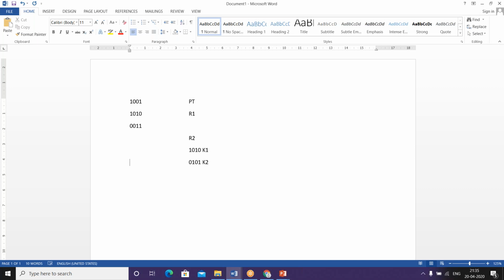Now I can encrypt one more time, 0011 with 0101. If you encrypt, the result will be 0110. Again, K2 will become K3. Again, I can left shift one time. If I left shift it, the K2 value will become 1010. So this can be encrypted again.